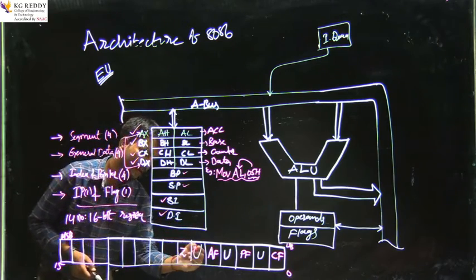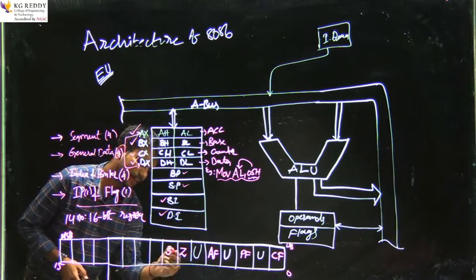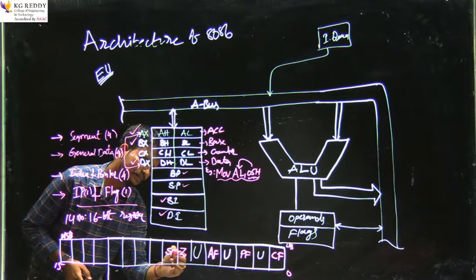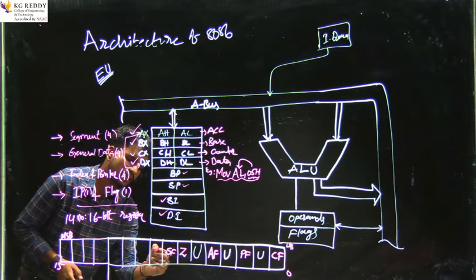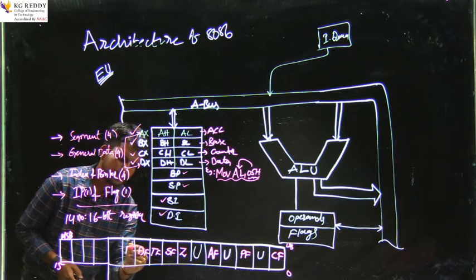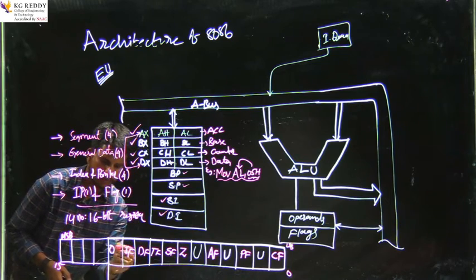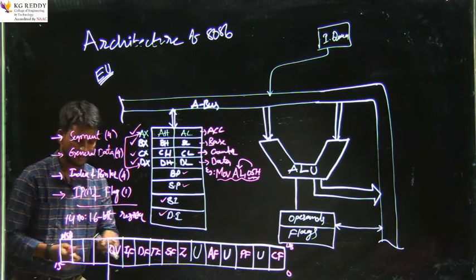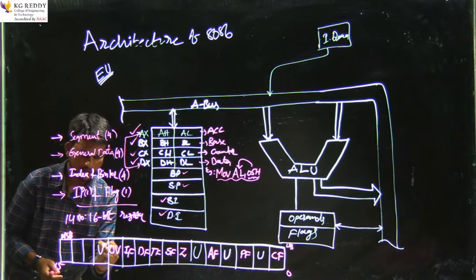Next, we have the sign flag, trap flag, direction flag, interrupt flag, and finally the overflow flag. I'll discuss one by one in detail, and the remaining fields are unused.